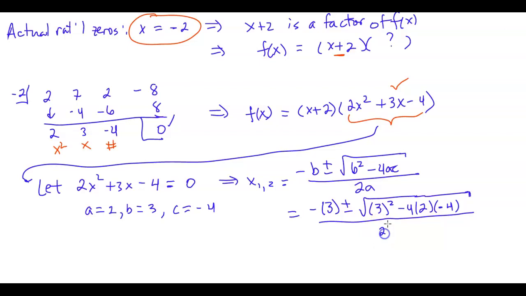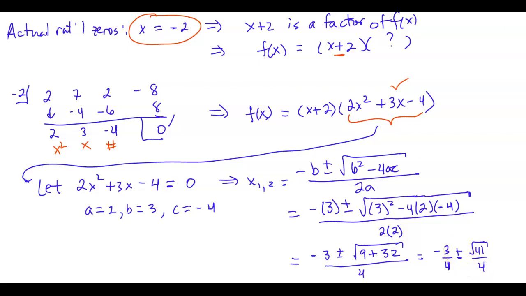Take all of that and divide it by 2a. This would be negative 3 plus or minus square root of 9 plus 16 times 2 is 32, all of that over 4. And this is going to give us negative 3/4 plus or minus square root of 41 over 4.